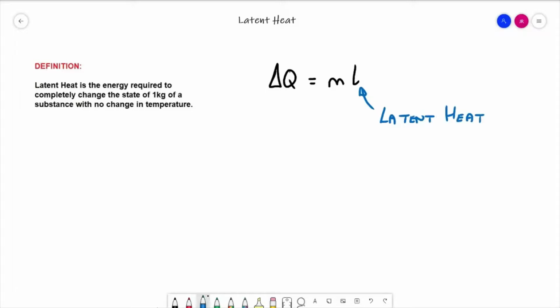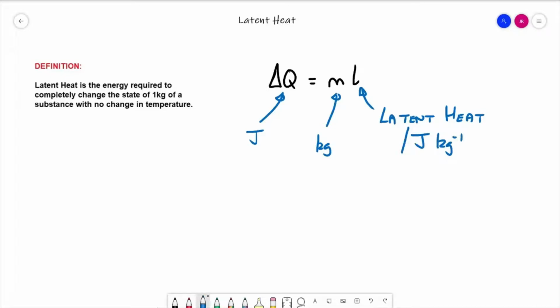Obviously in this one, delta Q still means change in heat, and M still means the mass with the same units. So delta Q has the unit of joules, M has the unit of kilograms, and the unit of latent heat is therefore joules per kilogram.